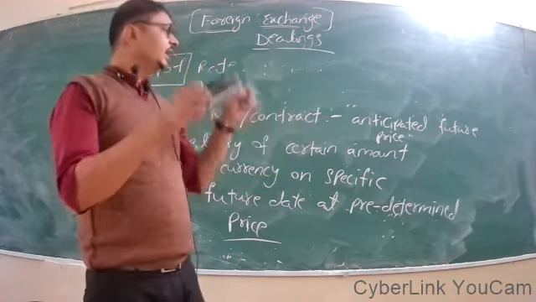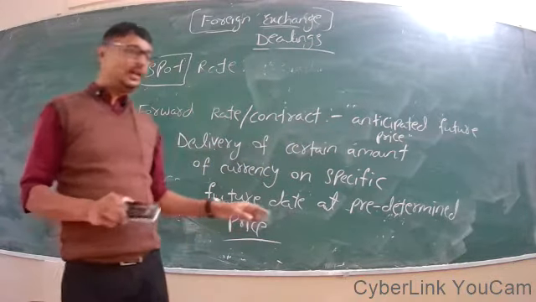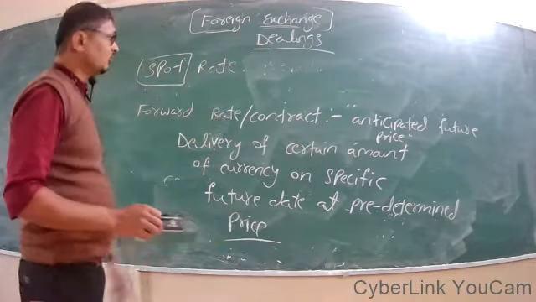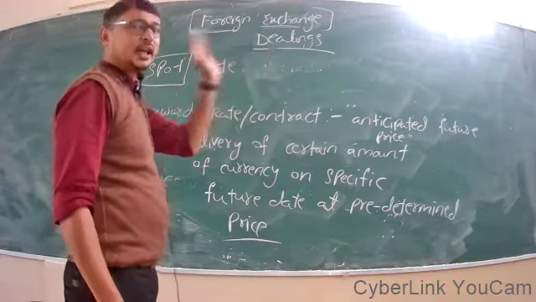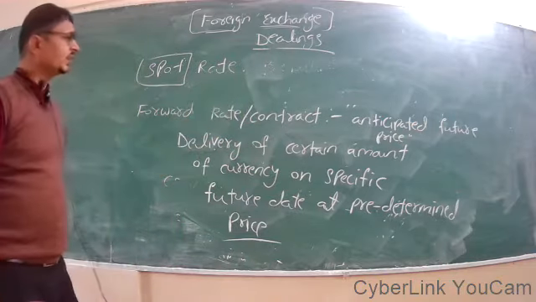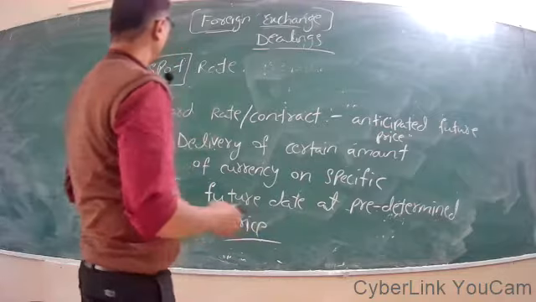That means you are determining the future exchange rate today itself, right? So that is called forward rate or forward contract. That is the anticipated future rate, or the future rate predetermined today itself. It is called forward rate.